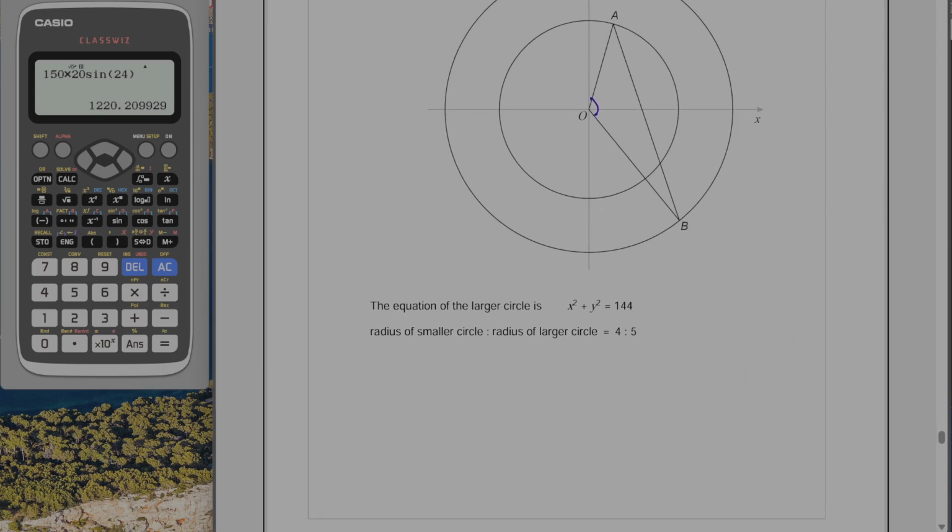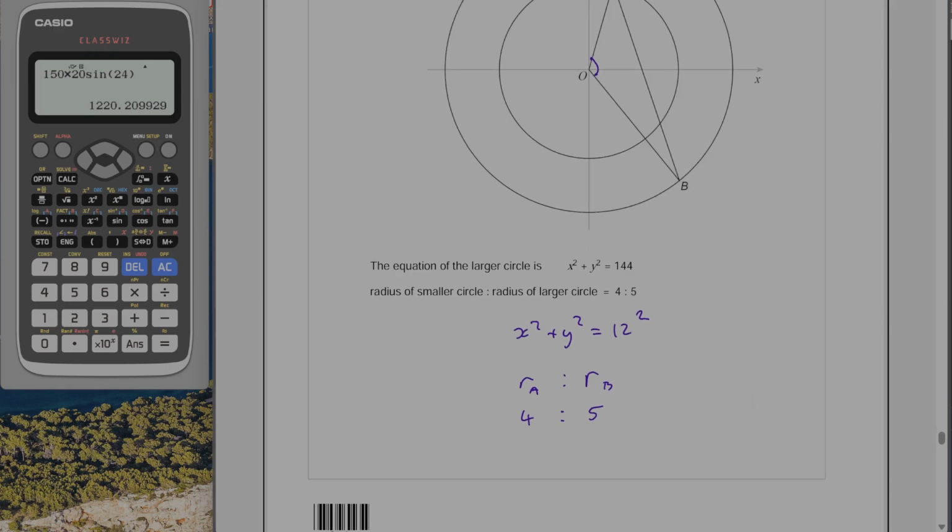Okay, so if we look at the equation of the larger circle, I'm just going to rewrite that as x squared plus y squared is equal to 12 squared. So the radius of the smaller circle, so let's call it a radius of A to radius of B, has to be in the ratio 4 to 5.